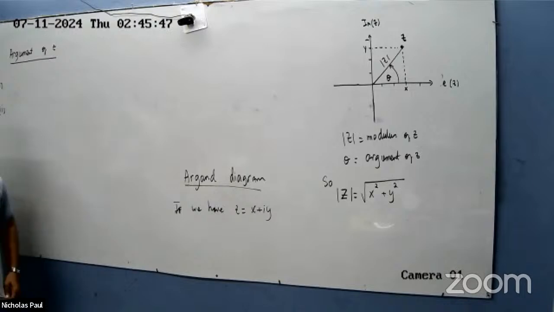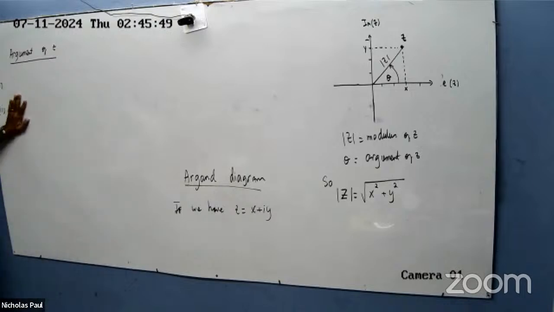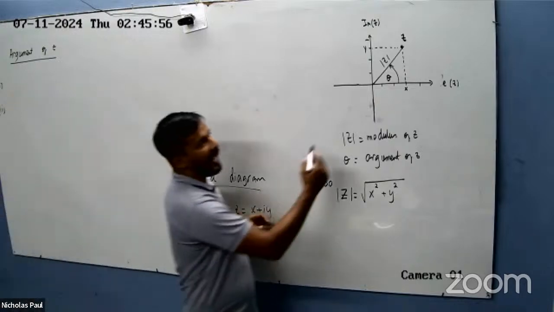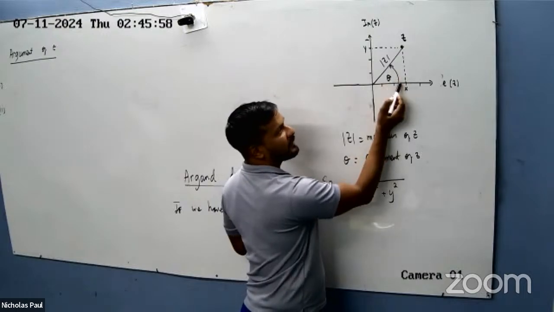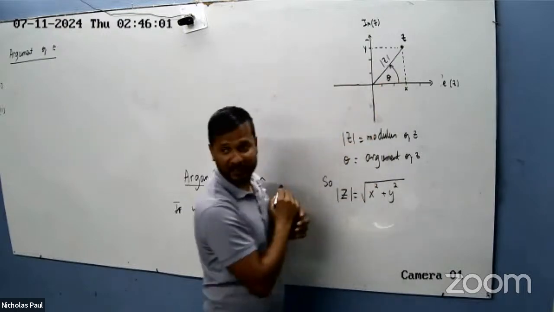Ready, Tabitha? Right. So, what's the argument? The argument is the angle that the complex number makes to the positive x-axis.